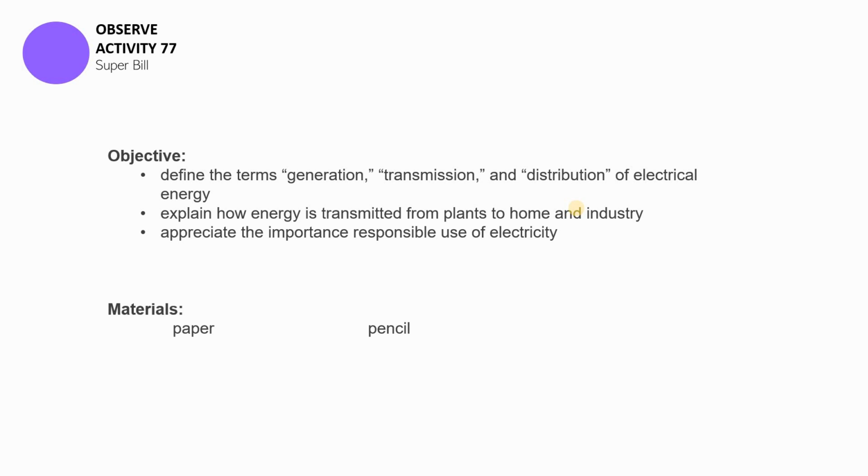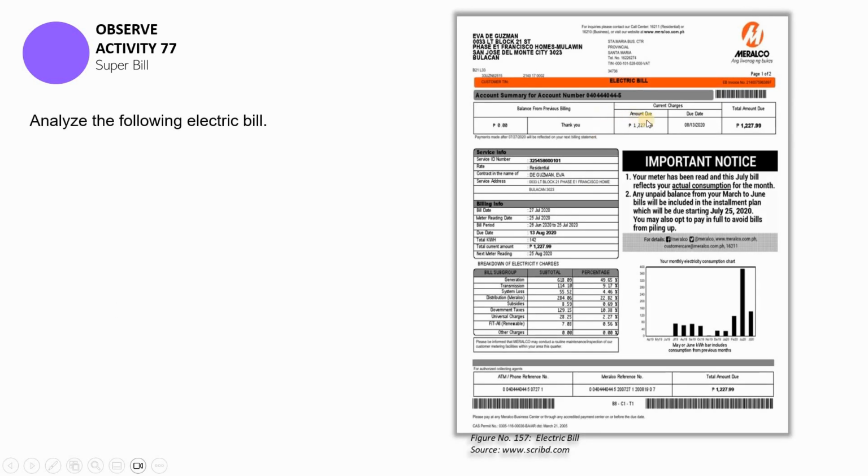But for the meantime, in this video lesson, I am going to zoom in so that you can read the contents of the bill. Okay, is that clear? Alright, let's proceed. You have to analyze the following electric bill.